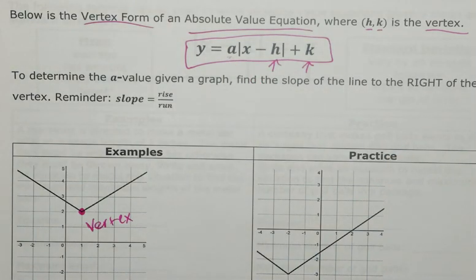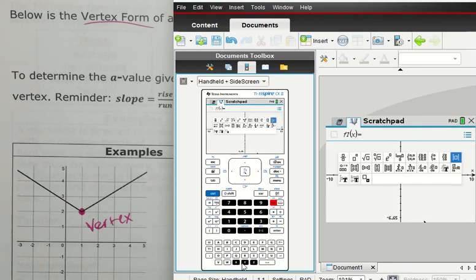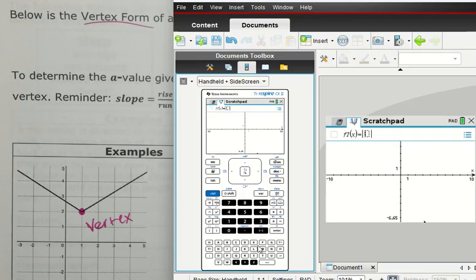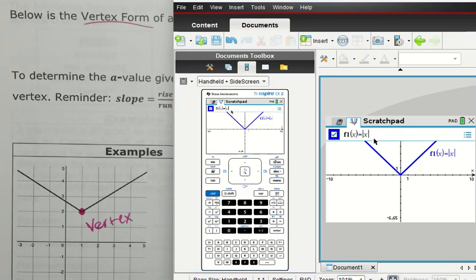So let me just clarify that the parent function, the absolute value of x, even though it's just absolute value of x, actually has a 1 as an a value, and it also has a 0 as an h value and a 0 as a k value. So this is just saying that it follows the rise over run ratio of 1 to 1. That's what that a value in the front means.